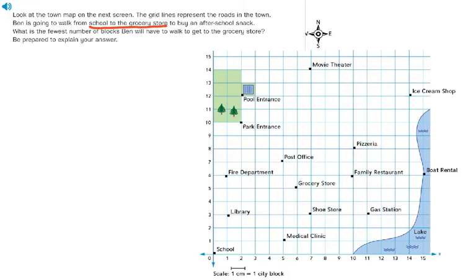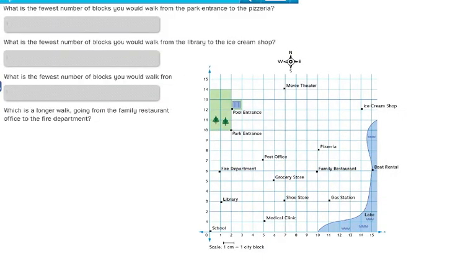So if he walks up 1, 2, 3, 4, 5, and over 1, 2, 3, 4, 5, 6, actually, it would be 6 plus 5 blocks, which is 11 blocks. Using that same map, what is the fewest number of blocks you would walk from the park entrance to the pizzeria?